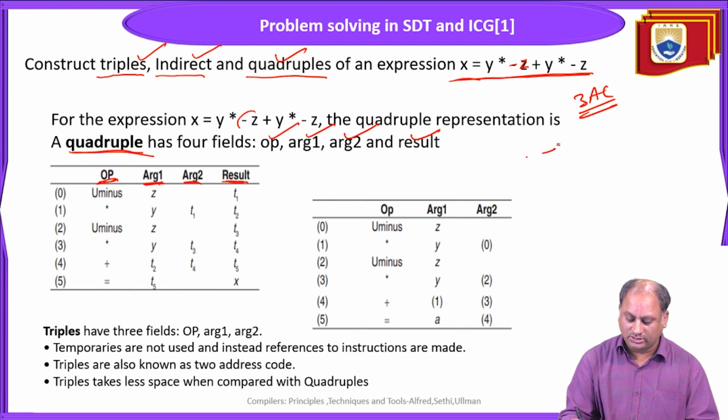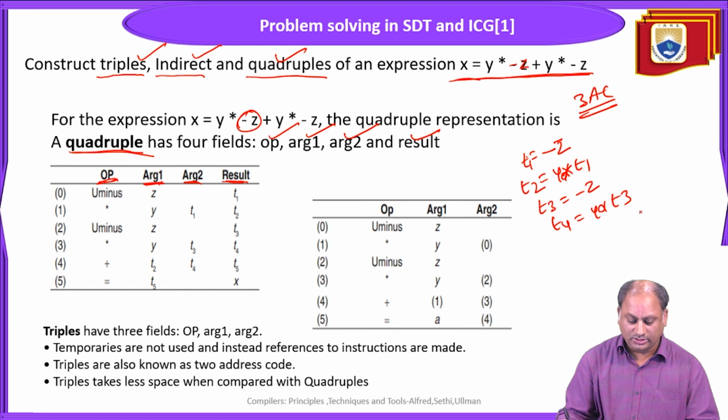First, unary minus z is to be considered as one statement, T1, and after that y star T1 is considered as T2, and unary minus z again is T3, and T4 equal to y star T3.